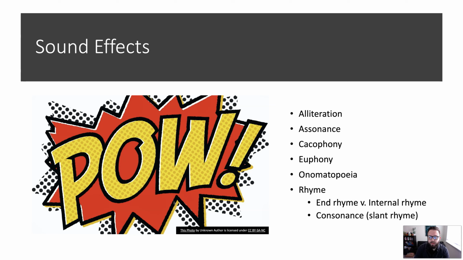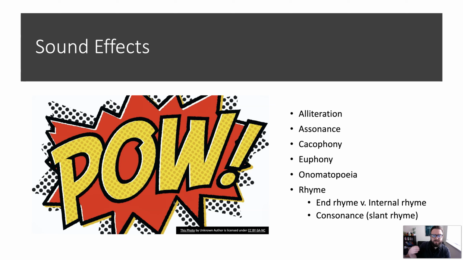We have three primary types of rhyme in poetry. We've got end rhyme, which is when the vowel sounds that occur at the end of a line of poetry match exactly. Internal rhyme is when those matching vowel sounds appear inside a line of poetry. It's not just the ends of the lines.